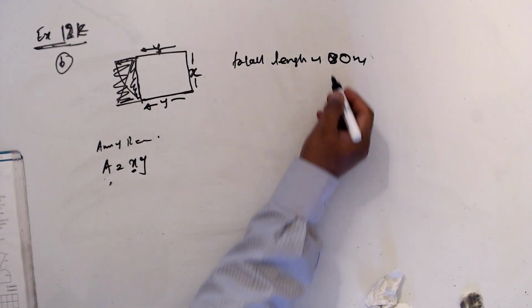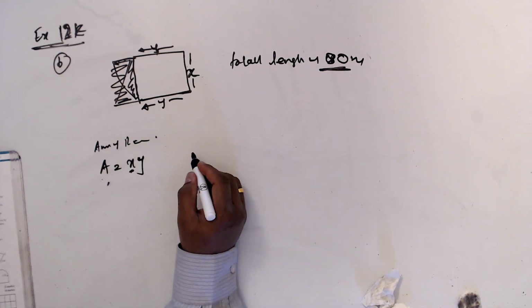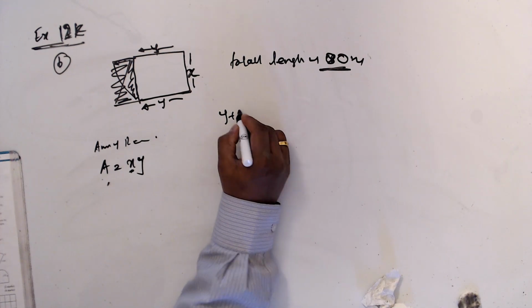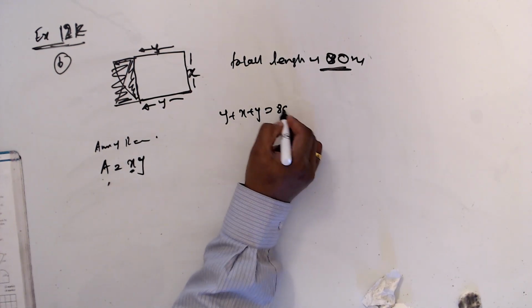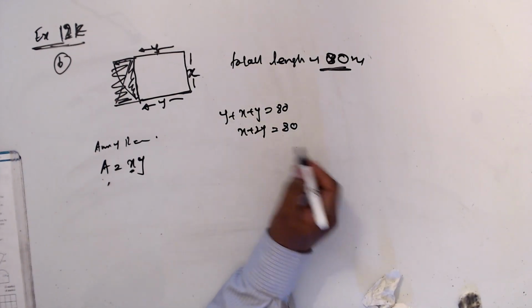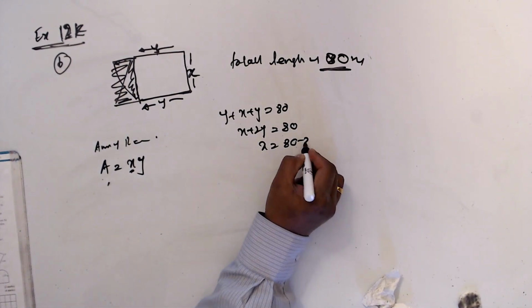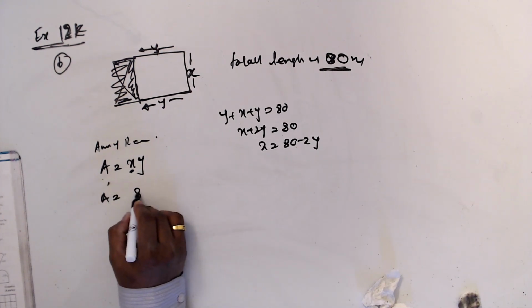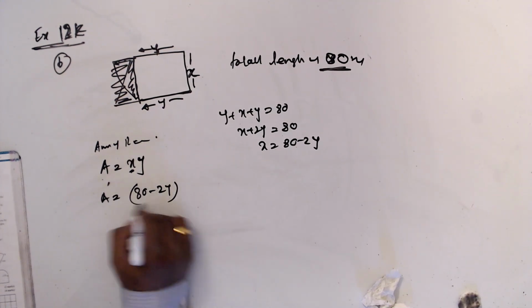We didn't use this data as well, 80 meters. Okay, what is this length? y plus x plus y equal 80. x plus 2y is 80. So what is x? x is 80 minus 2y. We'll simply substitute now. A equal 80 minus 2y times y.